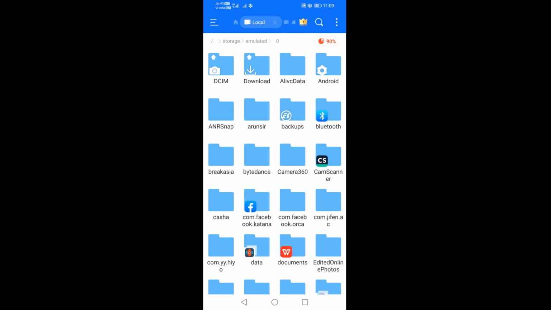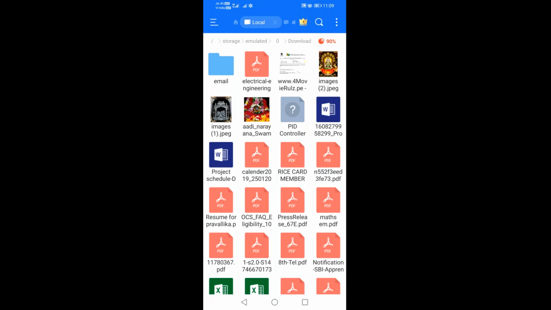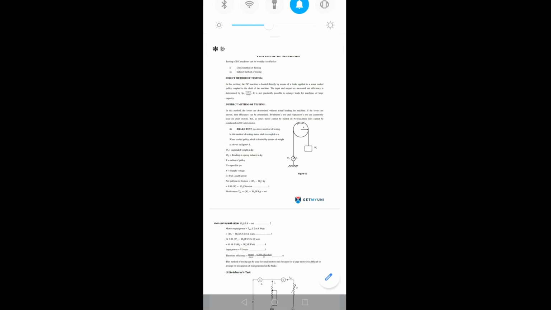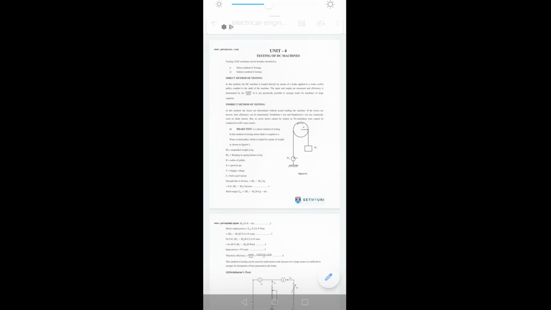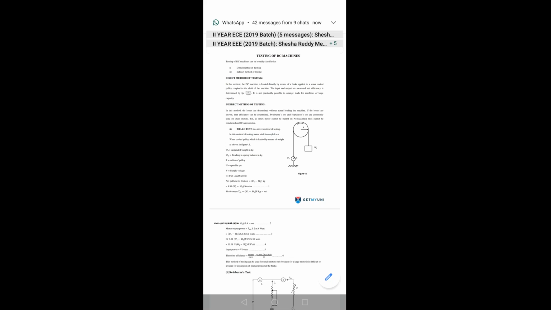Can you see the document here? Testing on DC machines. Students, can you see this document on the display? Yes, sir. Right.